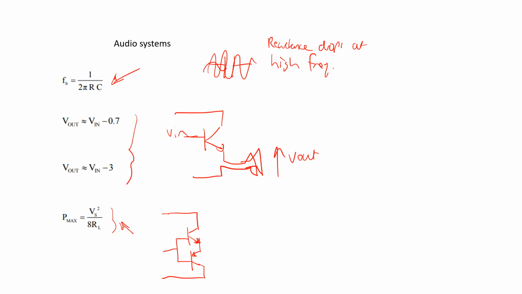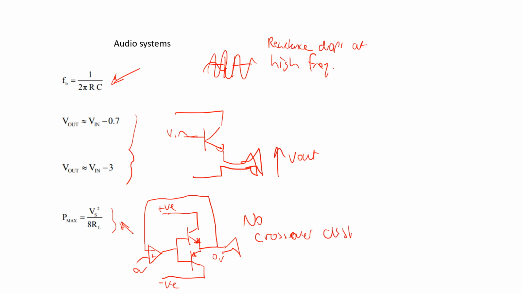So to remove crossover distortion, we put an op amp like that, an emitter follower, also a voltage follower op amp. There's the speaker. Positive, negative. So no crossover distortion. And then you can work out the power by doing V squared over 8RL.